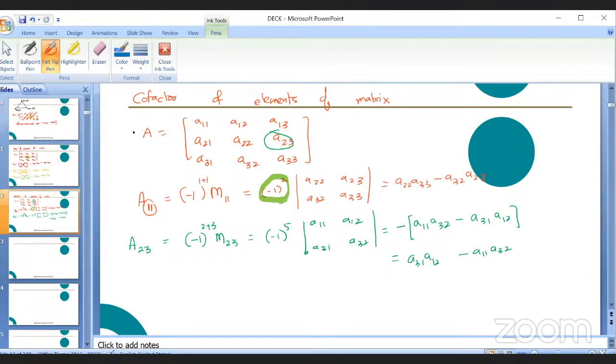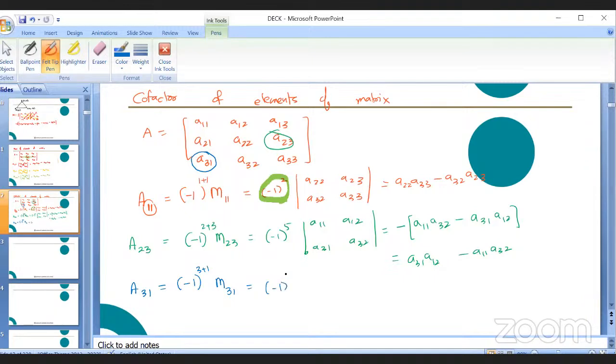Again, one more example I will give you. Suppose I have to find cofactor of A31. I have to take minor of A31, multiply with minus 1 power 3 plus 1.